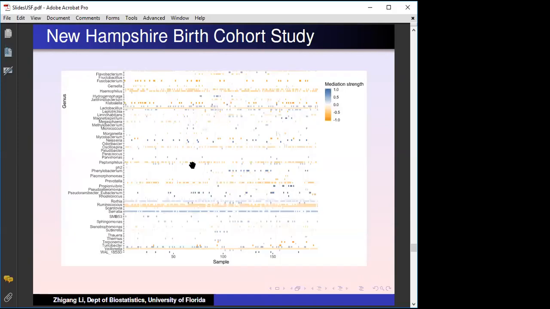Since we estimated all the mediation effects for all the genera, we constructed a heat map to show the mediation strength of each of these genera. In this heat map, each row is a genus, and each column is a sample, a subject. You can see the signal is very sparse, not many mediation effects here.